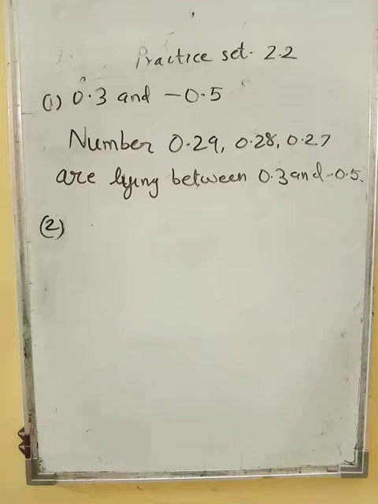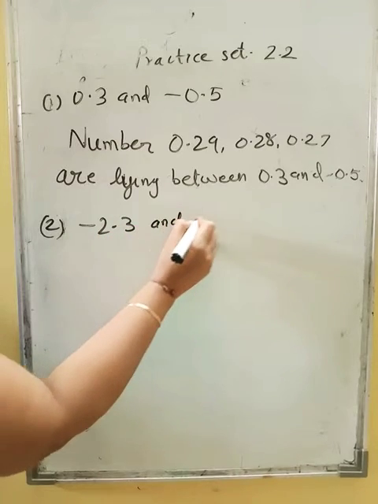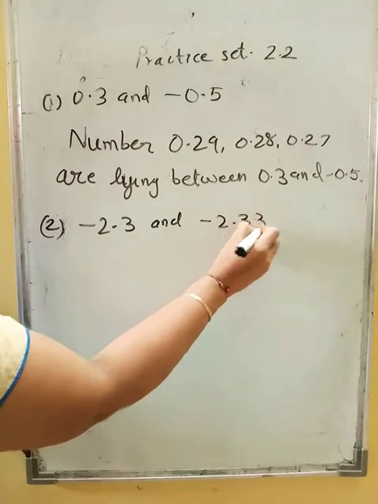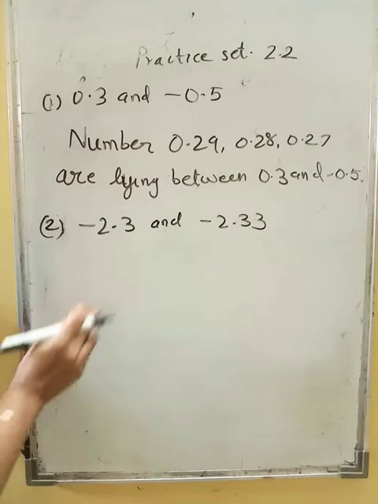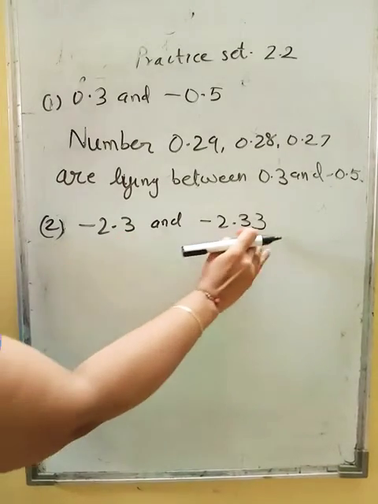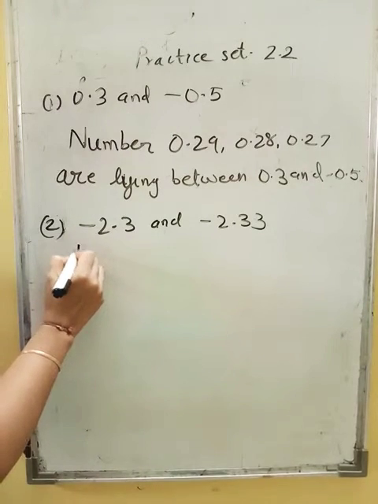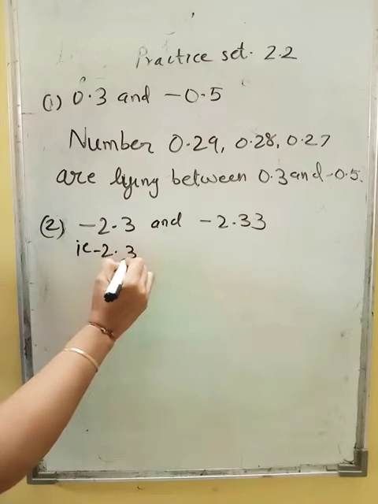Let's see that. For example, you have numbers like minus 2.3 and minus 2.33. Here you have 1 digit after the decimal point. Here you have 2 digits. So obviously here also you have to do this way.